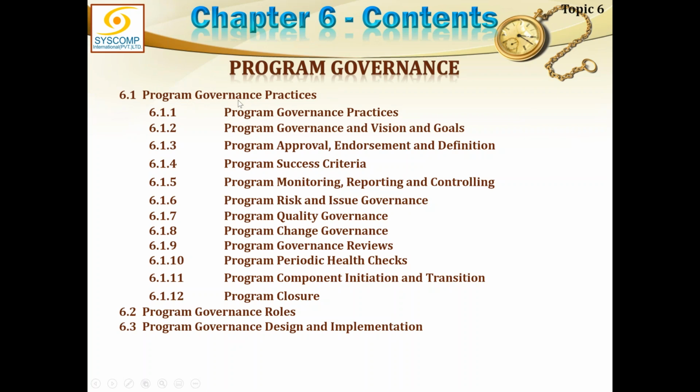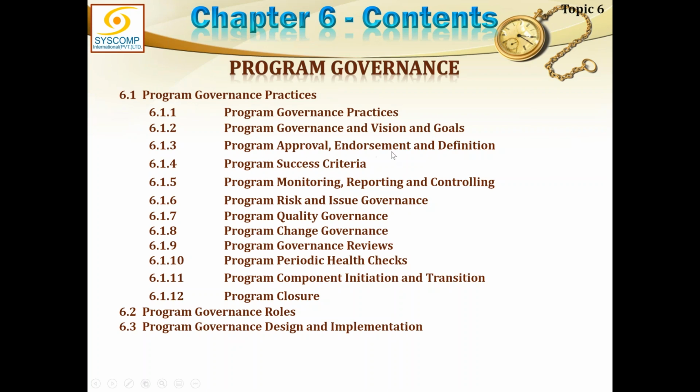For example, in program governance practices, we will be talking about naturally what these practices are, what is program governance, and vision and goal. Naturally, our previous discussion on vision and goal will support this discussion.